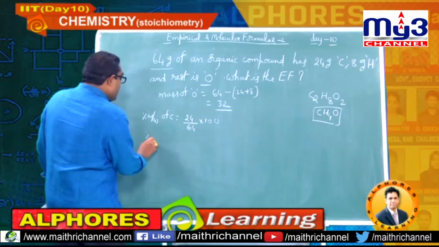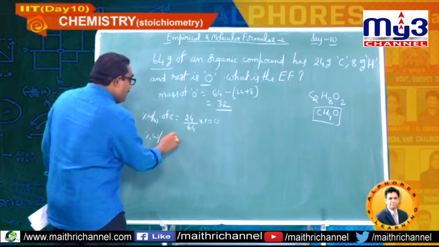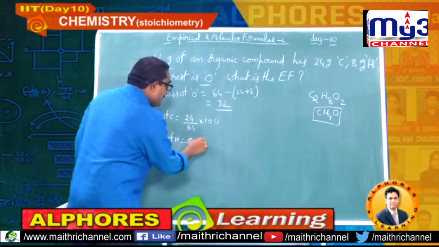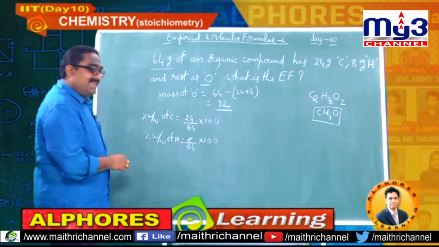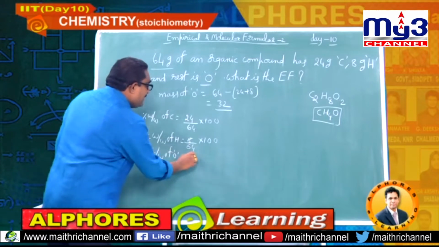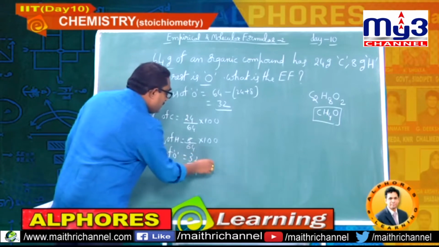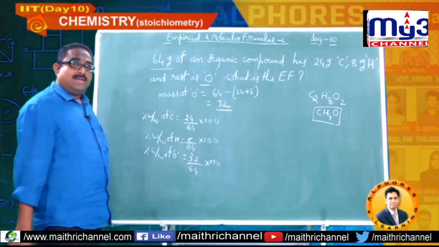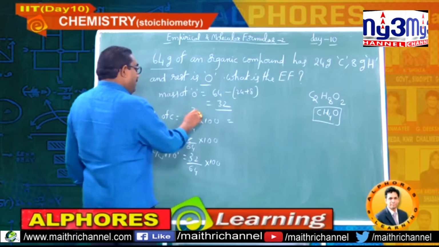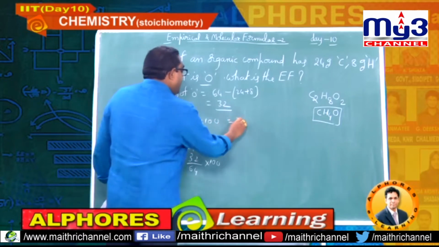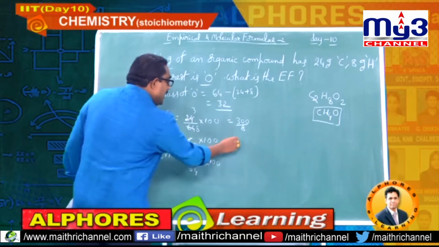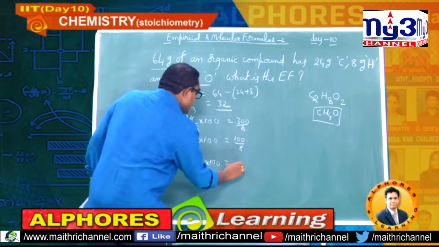Next, mass percent of hydrogen: 8 grams out of 64 into 100. Similarly, mass percent of oxygen: remaining mass 32 by 64 into 100. See what will happen: 3 eights, 8 eights, that is 300 by 8. Leave it, no problem. 100 by 8, this is 50.